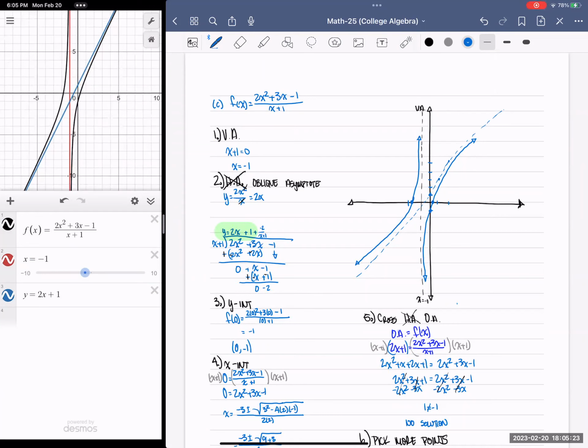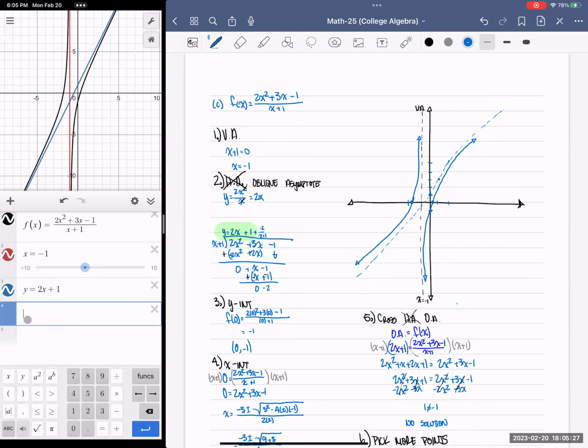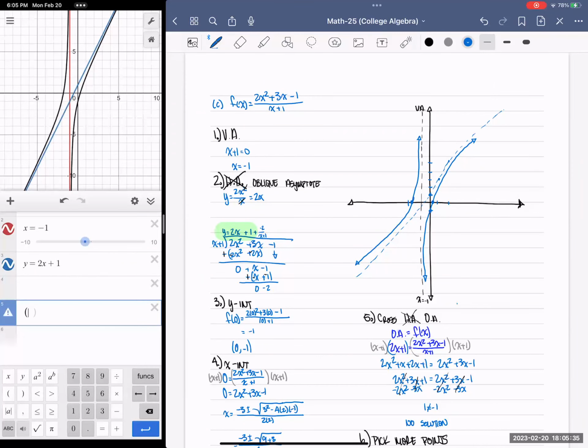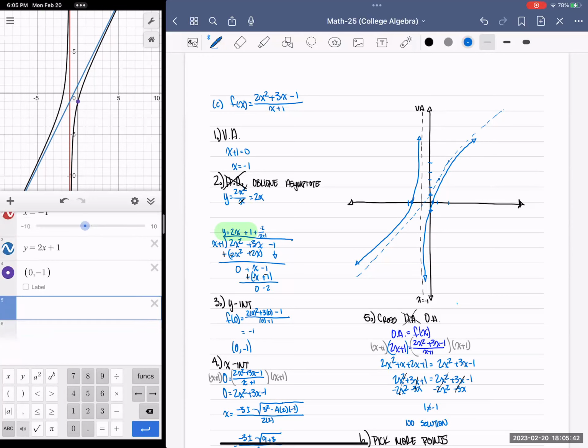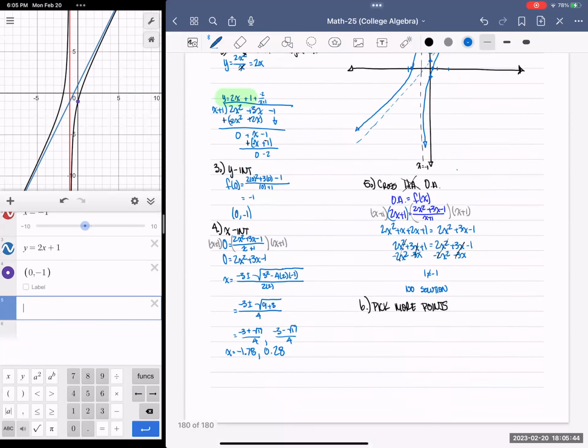Our y-intercept, we have that point 0, -1. There we go, much better. So 0, -1 for our y-intercept.